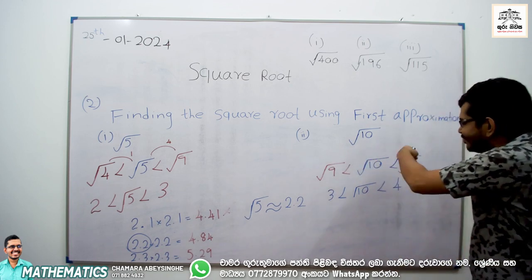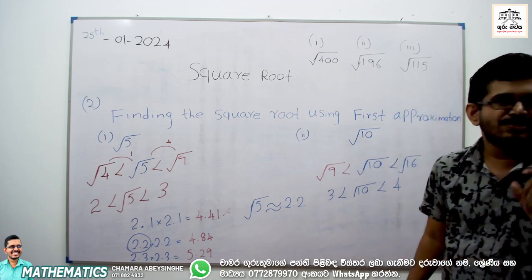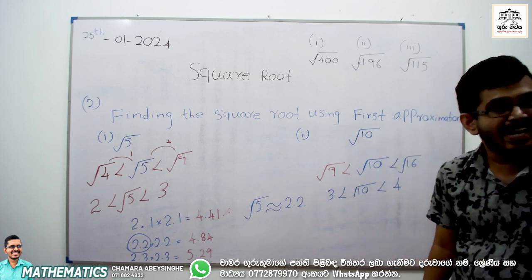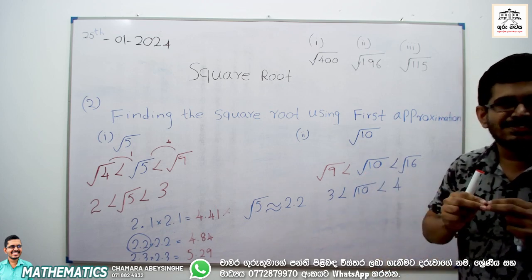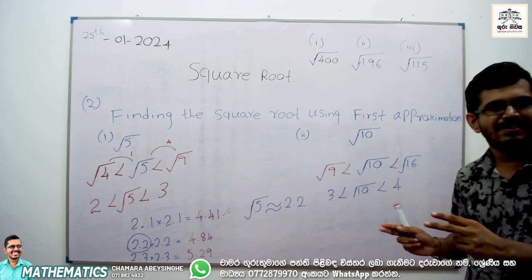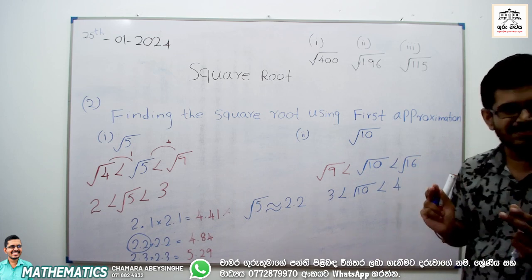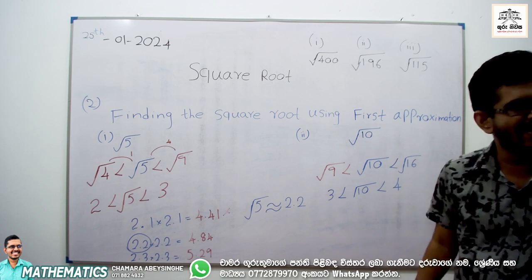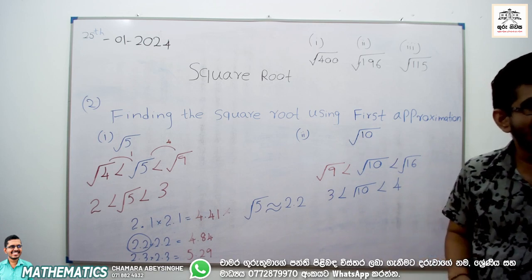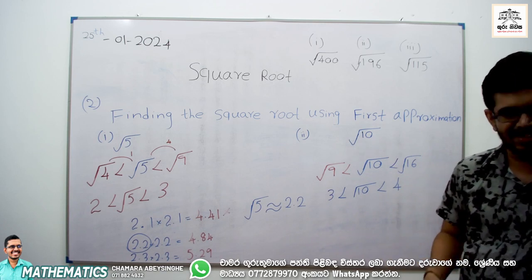Forget the square root mark. Now you should check, for 10, what is the nearest one: 9 or 16? The most nearest one.